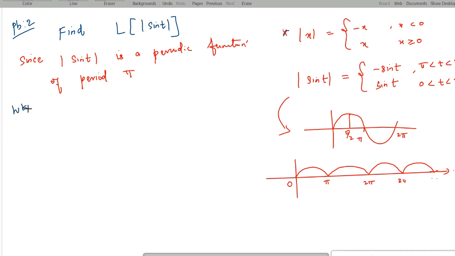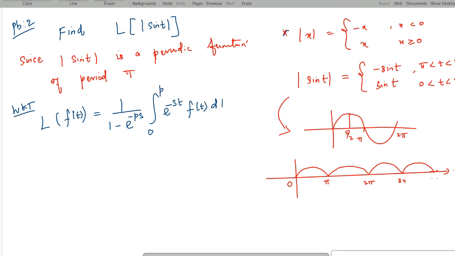We know that L of f of t is equal to 1 by 1 minus e power minus ps, integral 0 to p, e power minus st f of t dt. The period for this function is pi, so you can substitute p equal to pi.